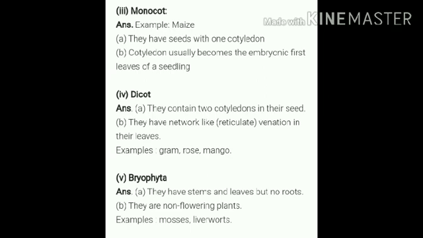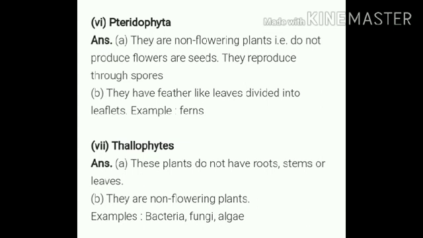Bryophytes. They have stems and leaves but no roots, and they are non-flowering plants. For example, mosses and liverworts. Next one is Pteridophyta. The characteristics are they are non-flowering plants, that is, they do not produce flowers and seeds. They reproduce through spores.